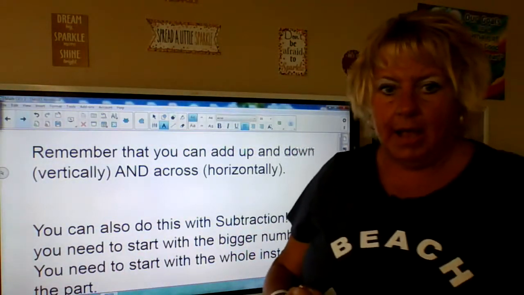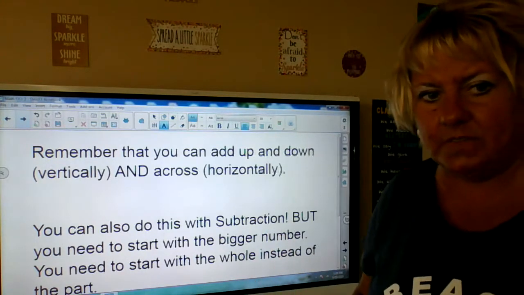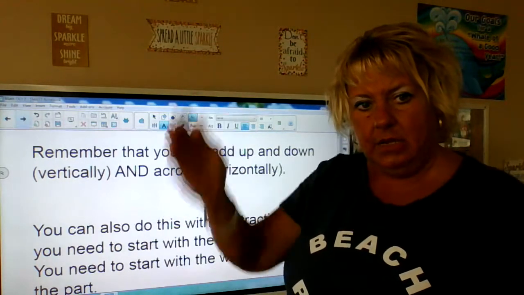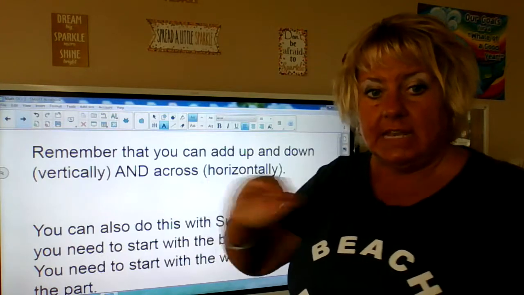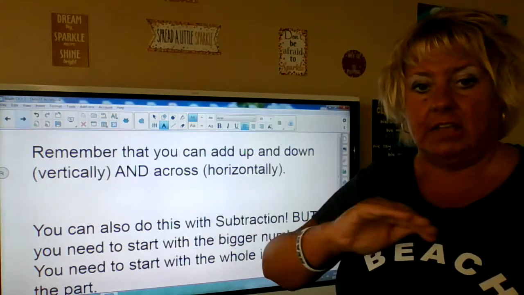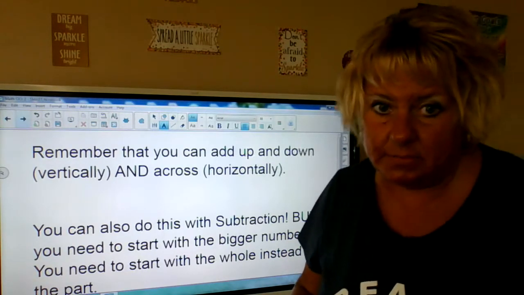Okay. So really today we're going to focus on subtraction, but also remember that you can add up and down, and also you can add across. Up and down is vertically and across is horizontally. You can also do this with subtraction.